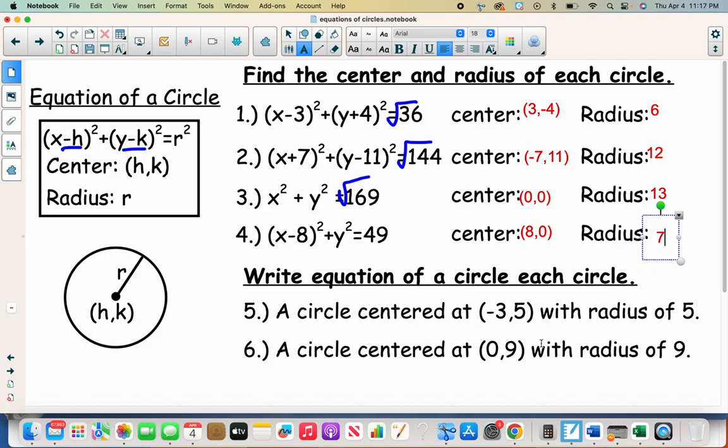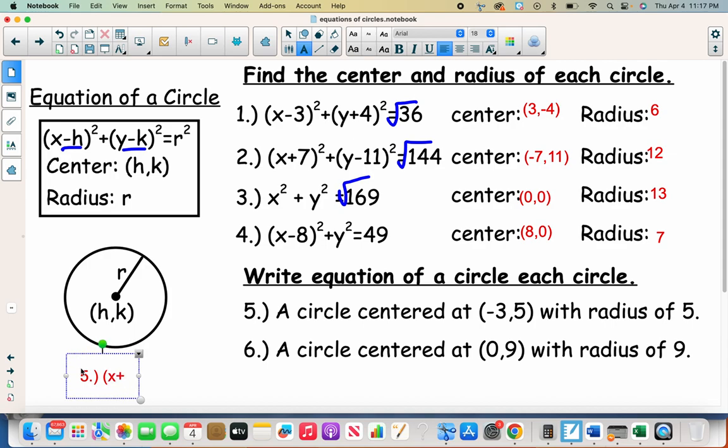Okay. Now it says write the equation of each circle. All right, so circle 5, I'm going to write here, circle 5. So the center is at negative 3, so it's going to be x.